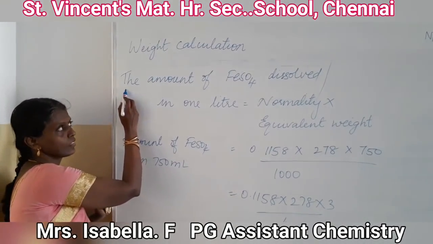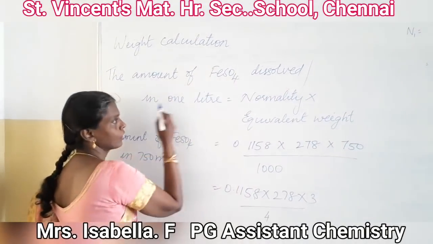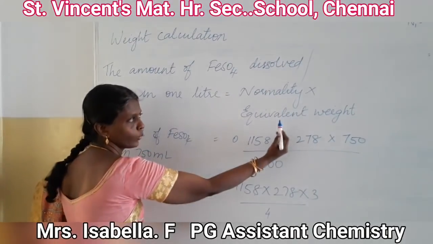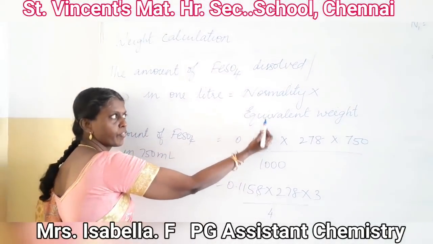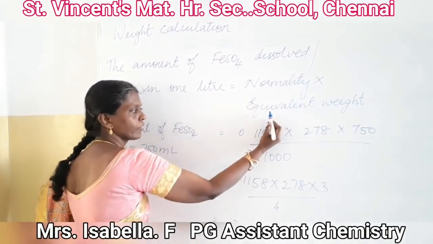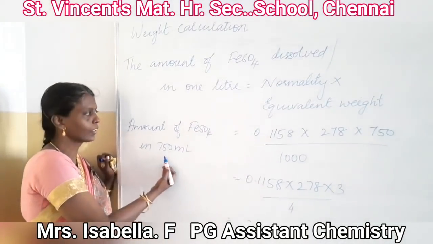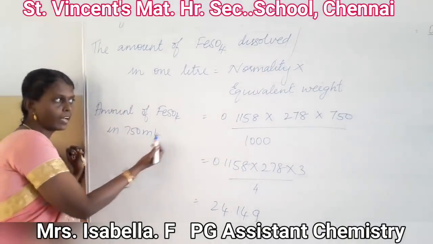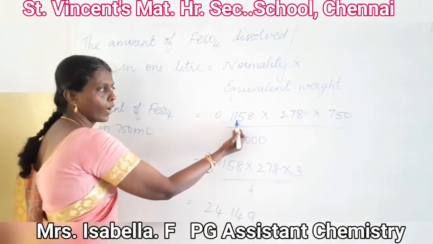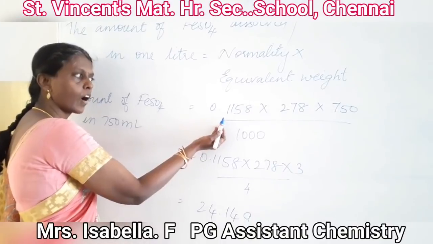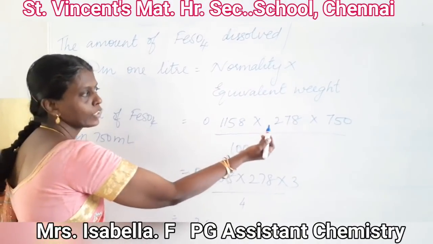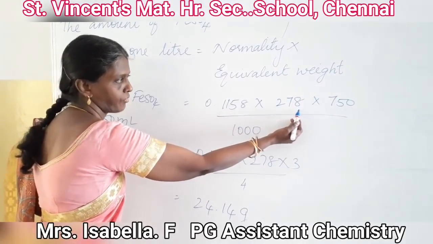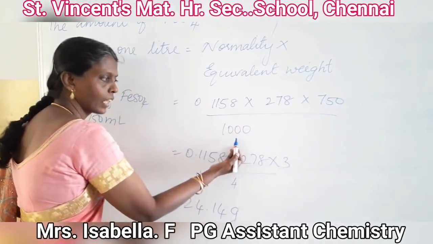The last part of the calculation will be the weight calculation. Here the formula is the amount of ferrous sulphate dissolved in 1 liter is equal to normality into equivalent weight. So this is the formula, normality into equivalent weight. Now we need to calculate the amount of ferrous sulphate in 750 ml is equal to 0.1158, which is the normality of ferrous sulphate, into 278, which is the equivalent weight of ferrous sulphate, into 750 by 1000.